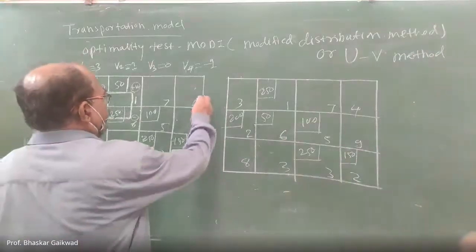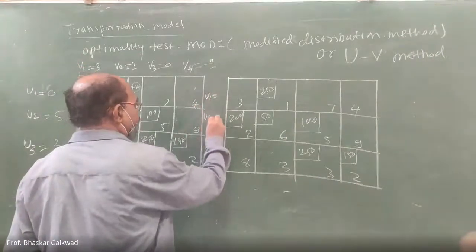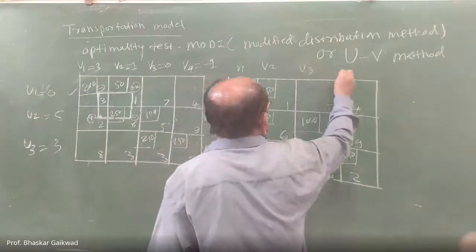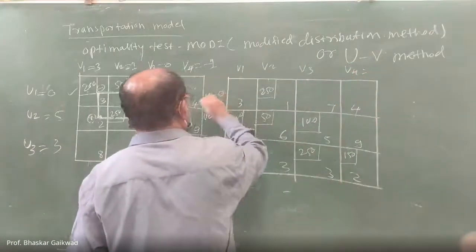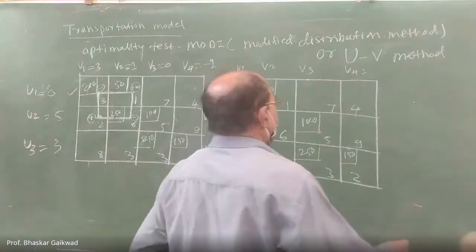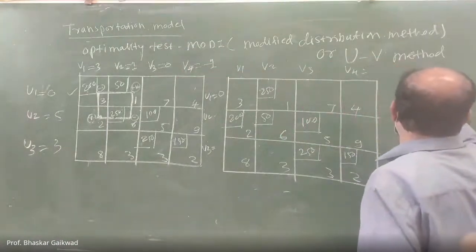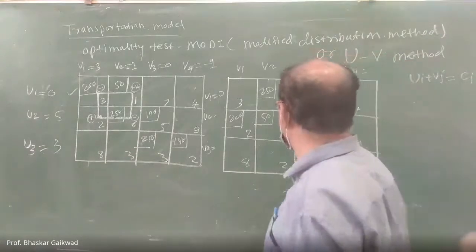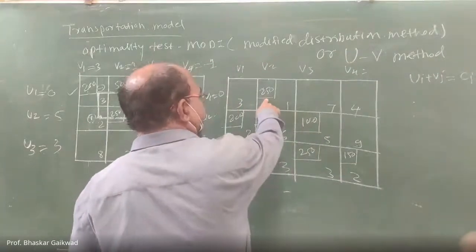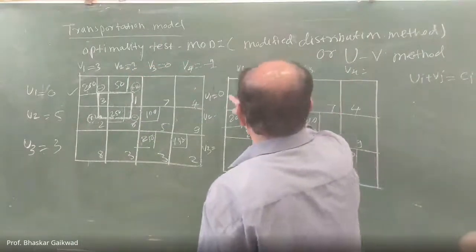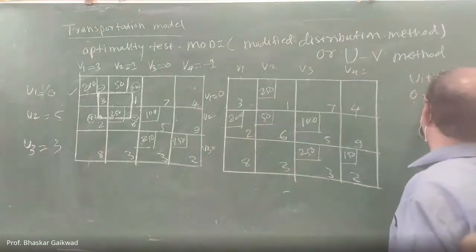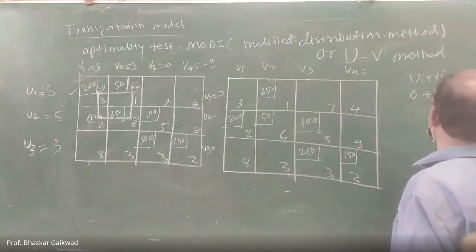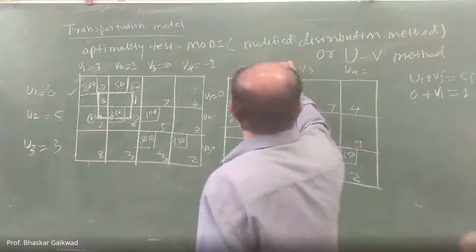So here, once again, you have to calculate V1, V2, V3, and U1. Initially you have to consider 0. Okay. Then you have to use this formula, U plus V. Initially the allocated cell is this one, 250. So here, given 0 plus 1 is 1. So this should be 1.